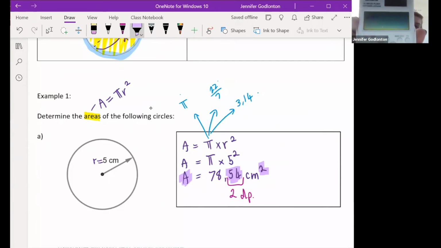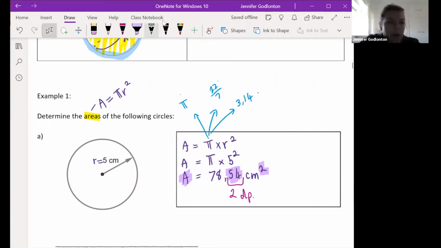So now that's what's in my calculator. I push equals, and I get 25 pi. I don't want 25 pi, I want it as a decimal. So I push this button over here, it says S to D, and I get the answer that I'm looking for.